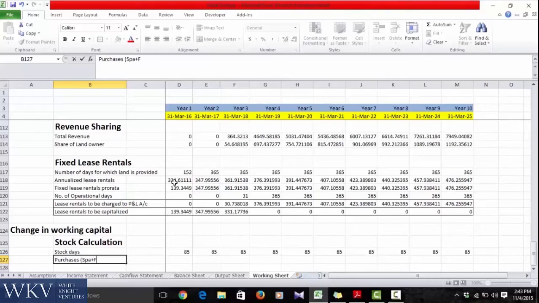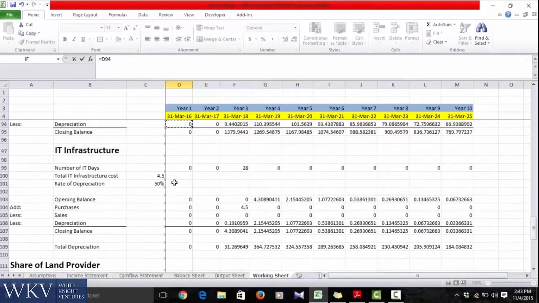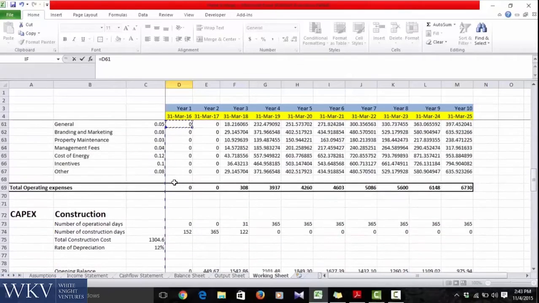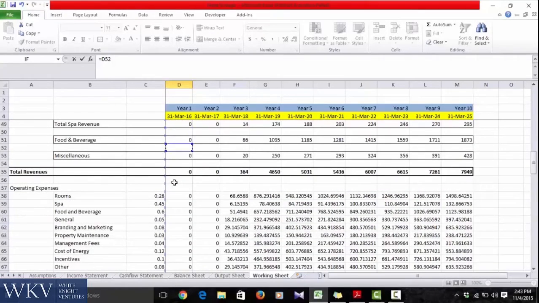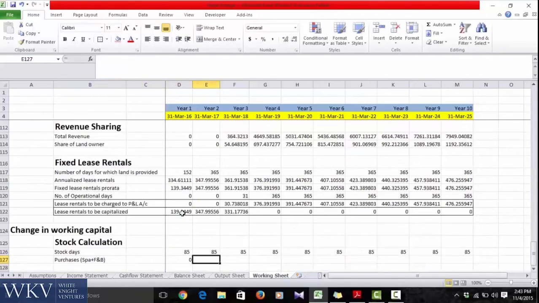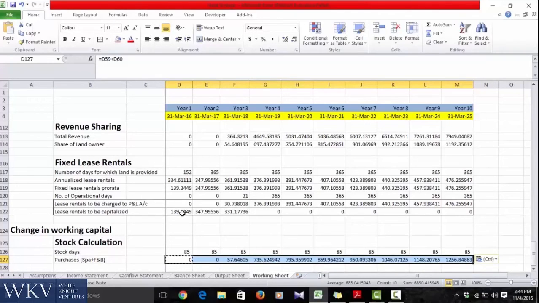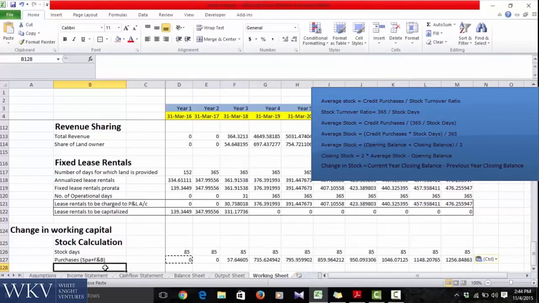As in case of room expenses, we are assuming there is no stock purchase. Now we calculate the average stock.